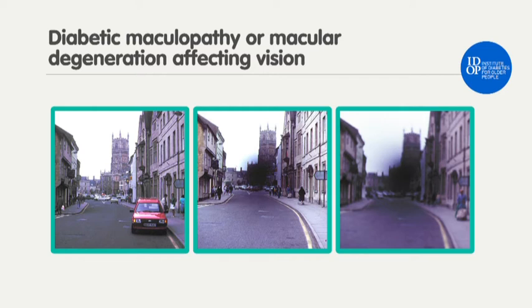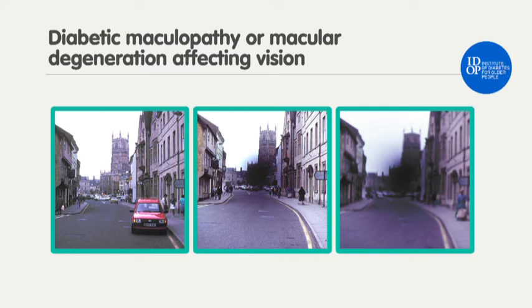So if the macula starts to be affected by a disease affecting the eye, not only do you lose a certain amount of clarity near the centre, but also the vision can become distorted so that straight lines become kinked and patches of vision can be missing near the centre.